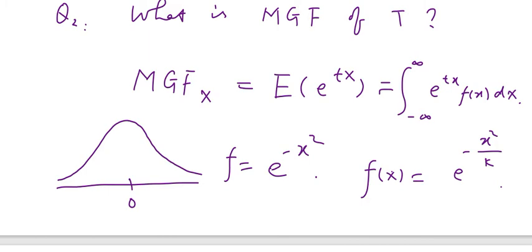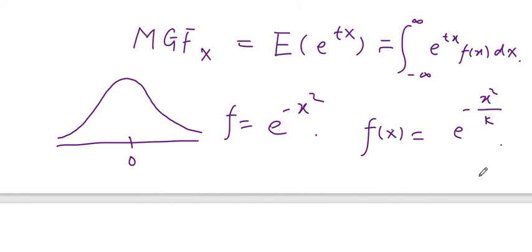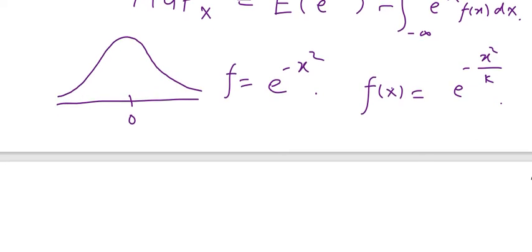Okay, in order for this function f to be a density function, we have the requirement that all probability should be 1, right? The integral of f(x) dx equals 1.